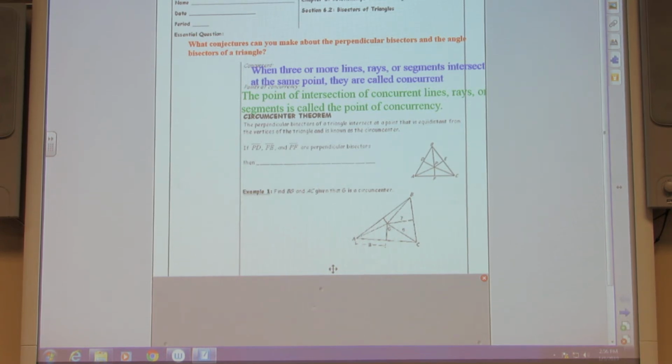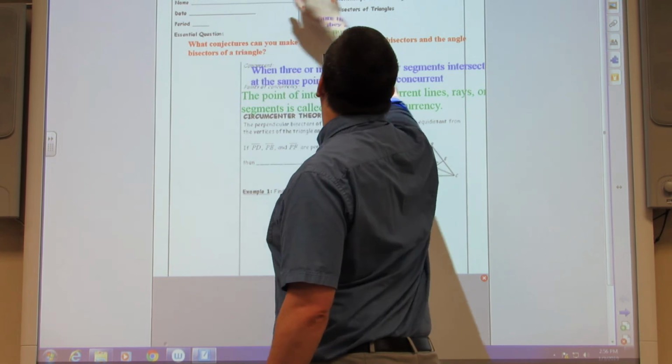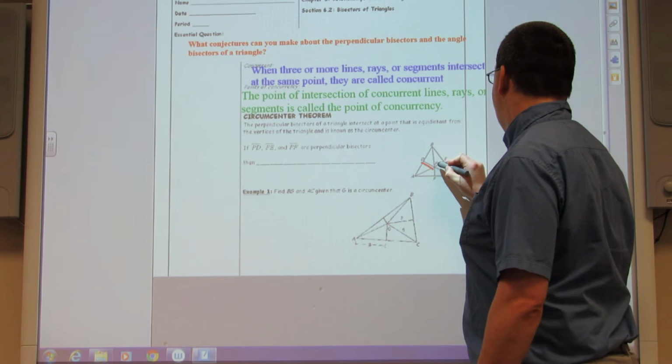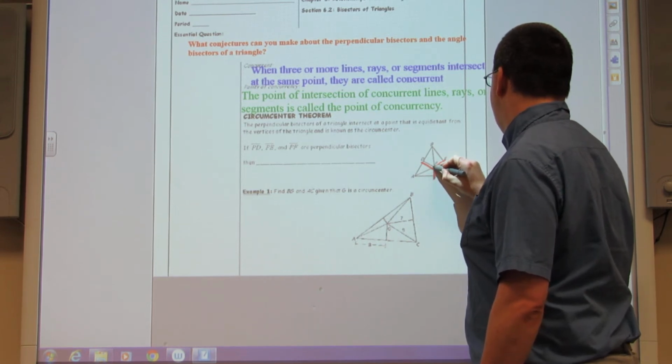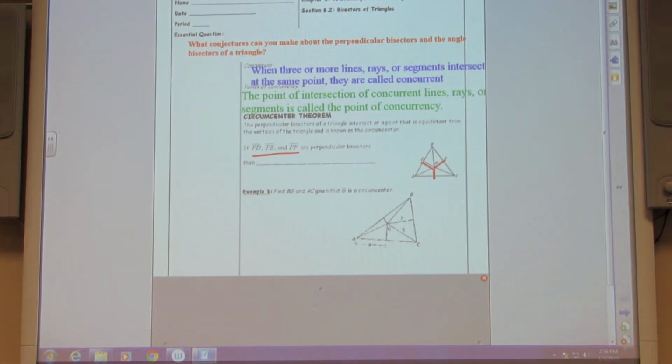That point, the circumcenter, is the same distance from all the vertices. So if PD, PE, and PF are perpendicular bisectors, those three lines are hitting at 90 degrees and cutting the lines in half.